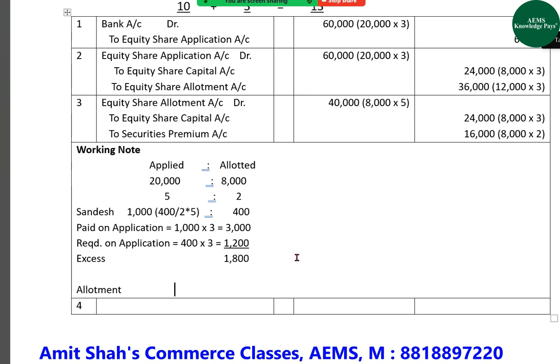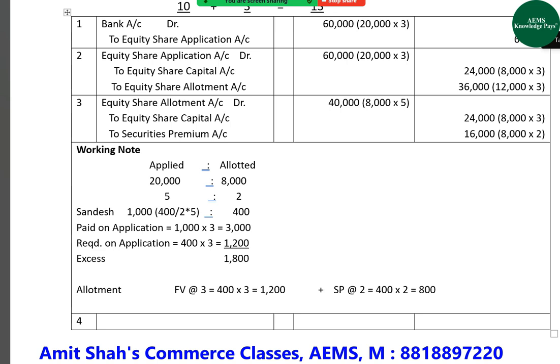Where face value is needed at the rate of rupees 3, for 400 shares the company wants 1200 of face value, and securities premium at the rate of rupees 2, so for 400 shares the company wants 800 for premium from Sandesh. The excess money of Sandesh lying with the company is 1800. That first would be adjusted towards the face value of allotment.